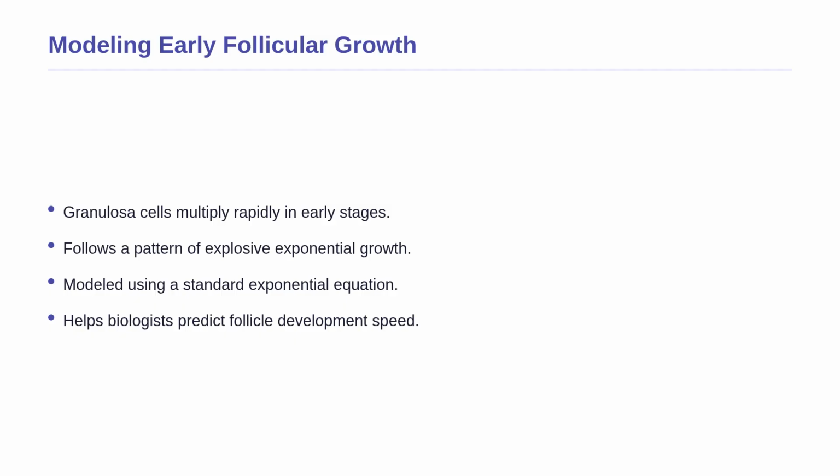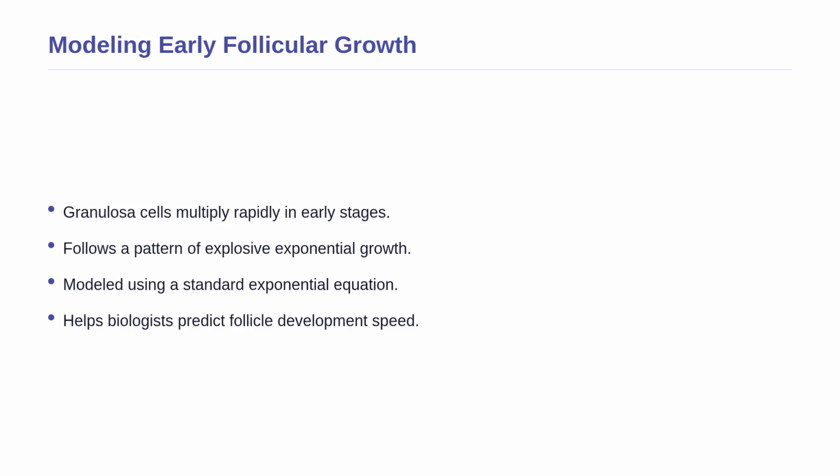Now that we understand the biological and clinical significance, let us look at how we can quantify this process. To truly understand how a follicle transforms from a microscopic dot into a large structure, we can look at the mathematics of cellular growth.